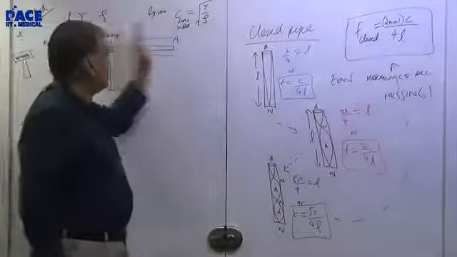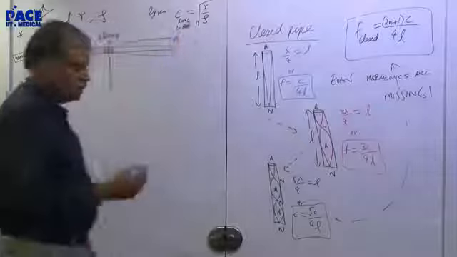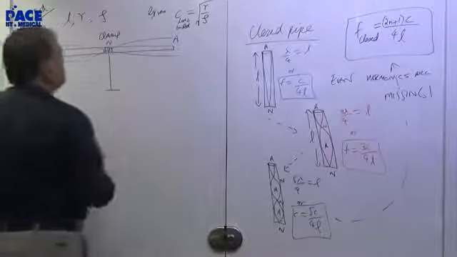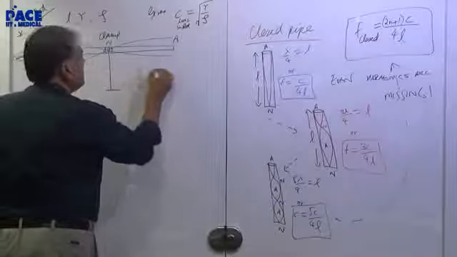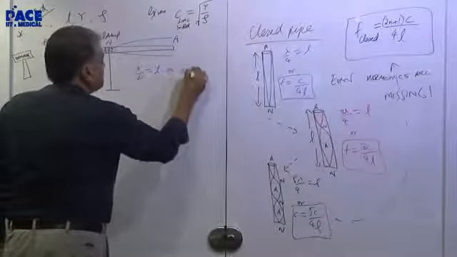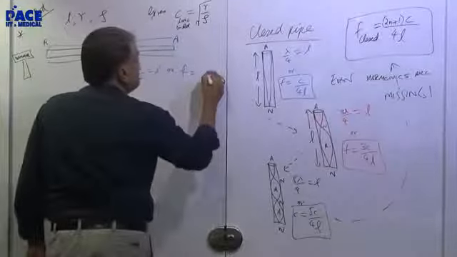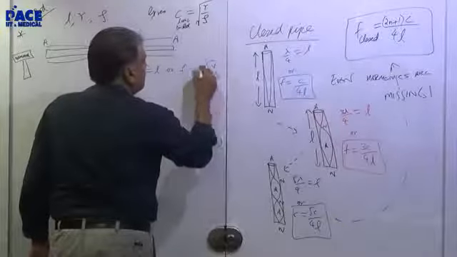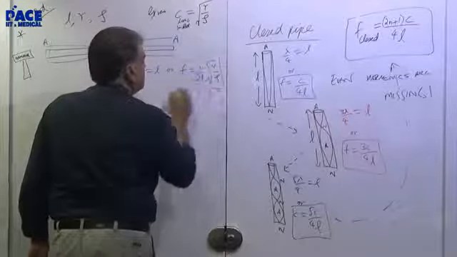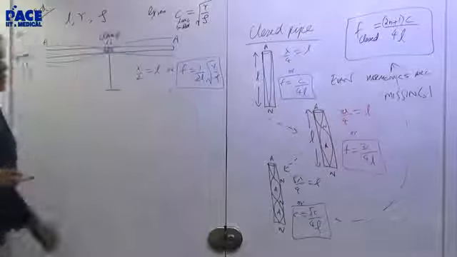What is the length of the rod? So here lambda by 2 equals L, or the frequency is C equals root Y by rho times 1 by 2L. This is the fundamental frequency of the rod.